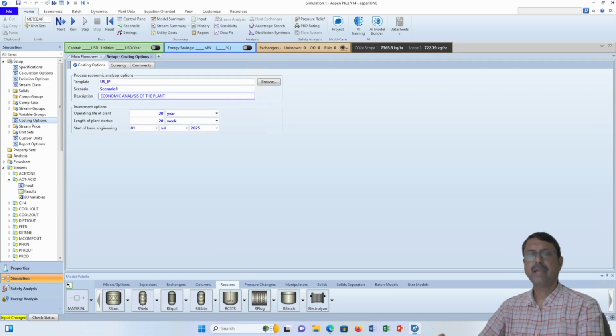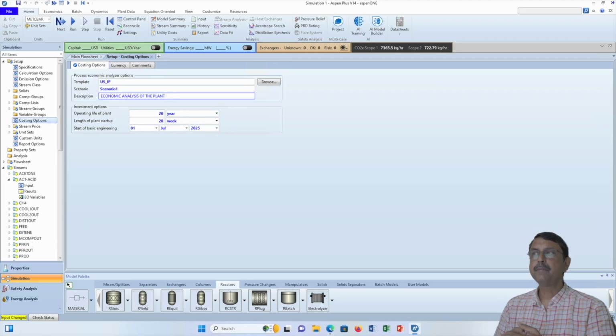Or you can provide some better description of what the scenario 1 is, because there might be 3 or 4 or 5 or 10 different scenarios that you want to produce and show to the person who will ultimately take the decision. Okay.